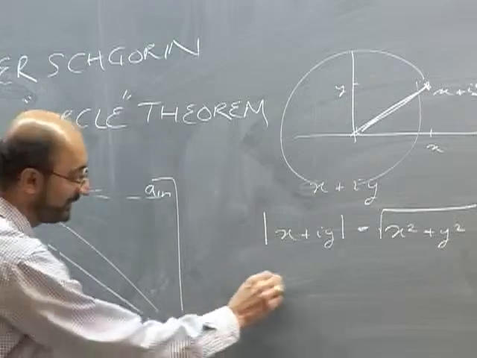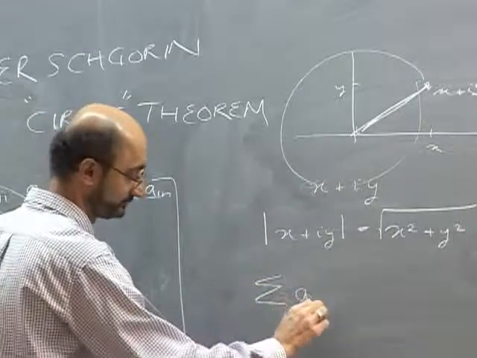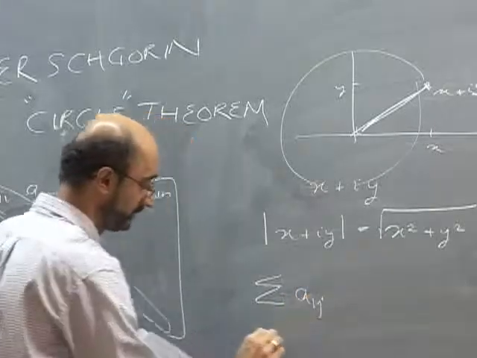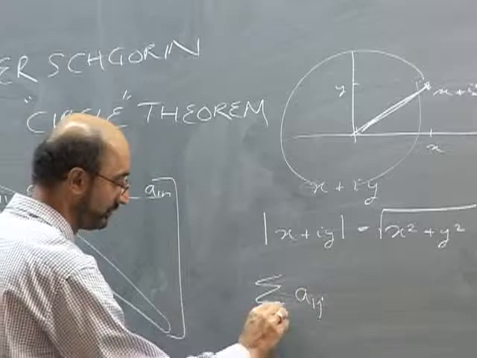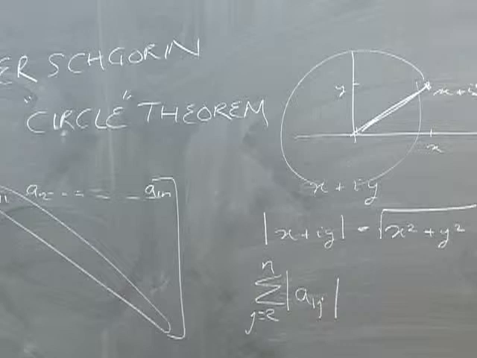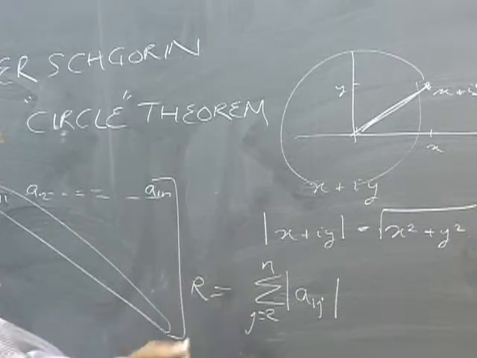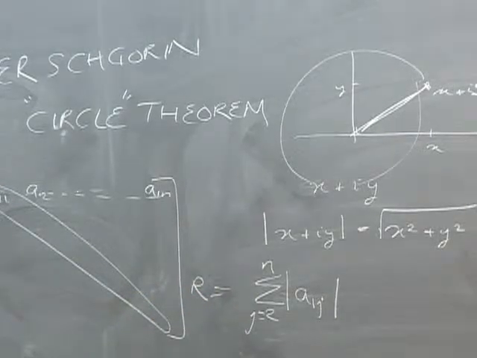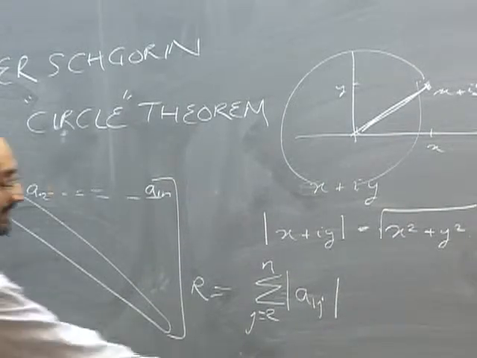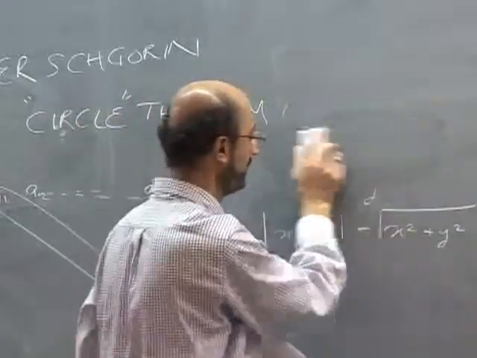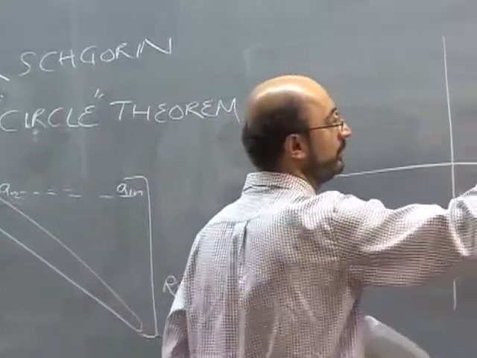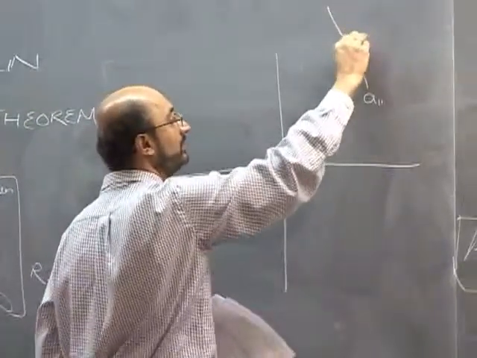So we take the sum of the magnitudes of a_1j, j equals 2 to n, the magnitudes of these elements over here. Let's call that some value r. Then we can say that the eigenvalues lie in a circle on the complex plane centered at a11 with radius r.